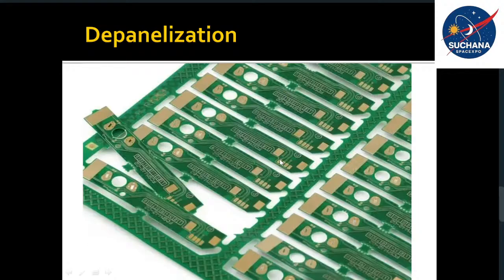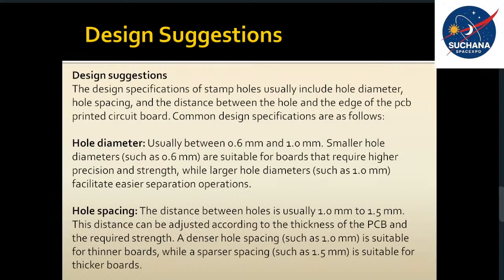This is how PCBs are actually manufactured. Even if you order a single PCB multiple times, usually a separate team converts this single PCB into panel PCBs, manufactures them, and after production uses separating machines to depanelize these PCBs. So this is about stamp hole.